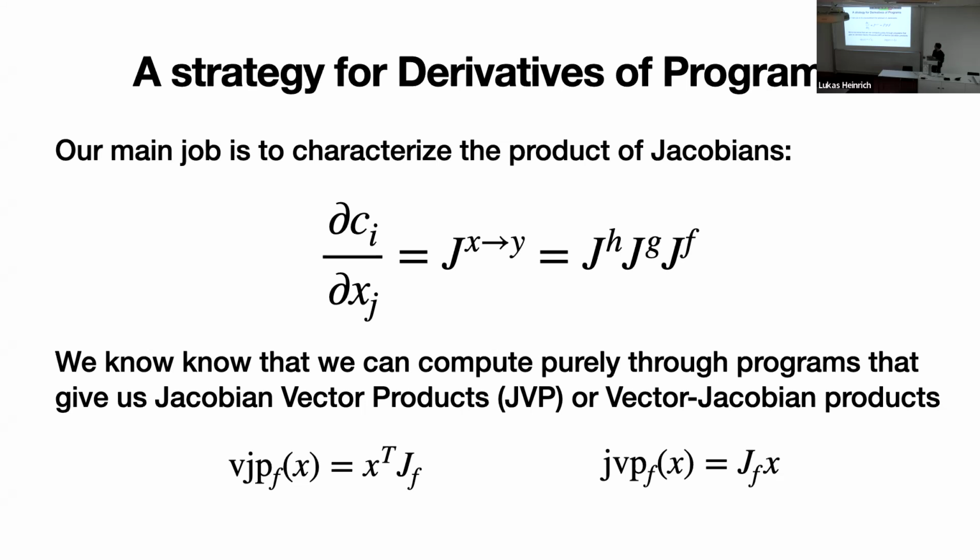And what we learned from this entire discussion is that by just having the vector-Jacobian product, or Jacobian-vector products, as functions or as programs, we can completely characterize the full Jacobian end-to-end, without ever having to explicitly write down what the full Jacobian is, right?